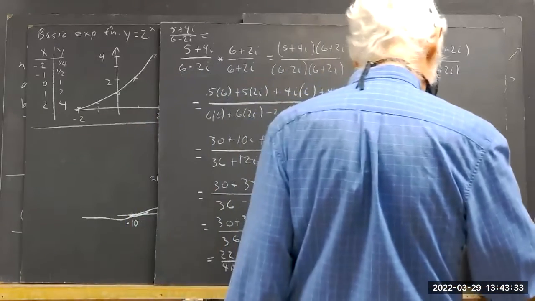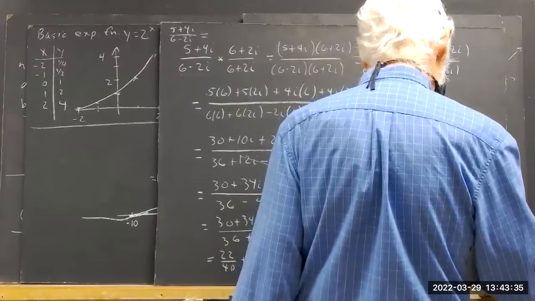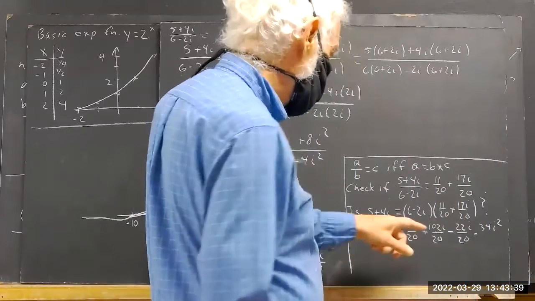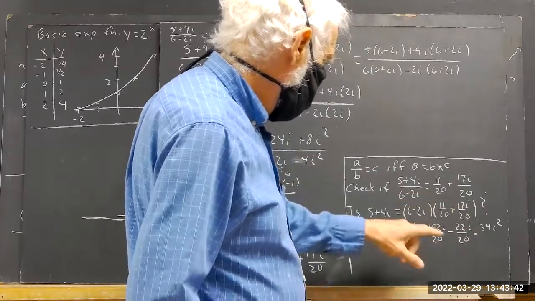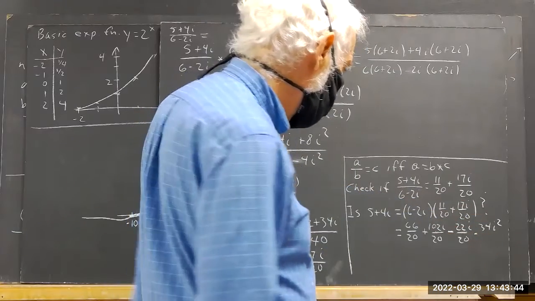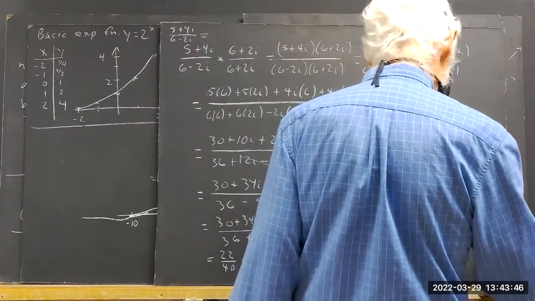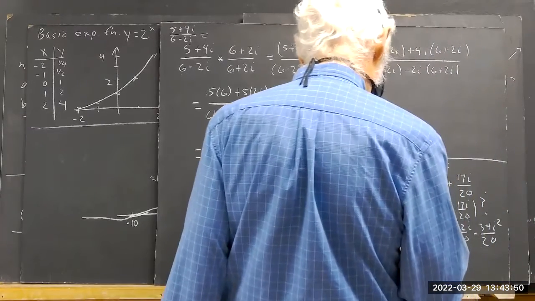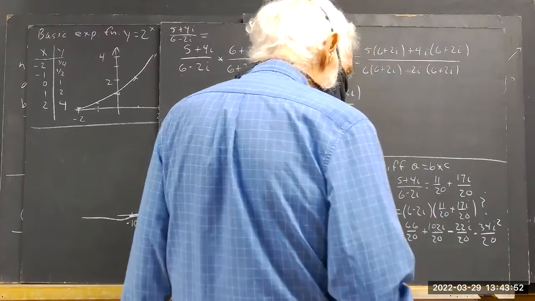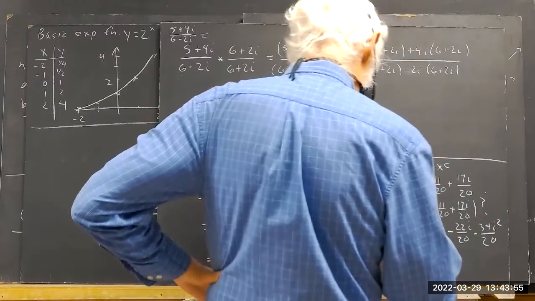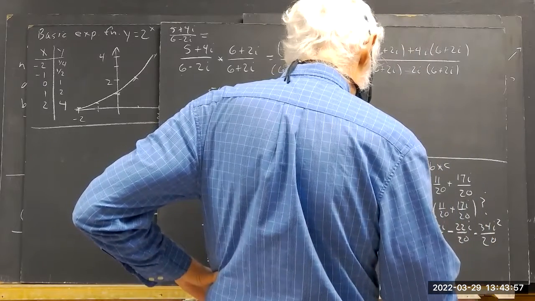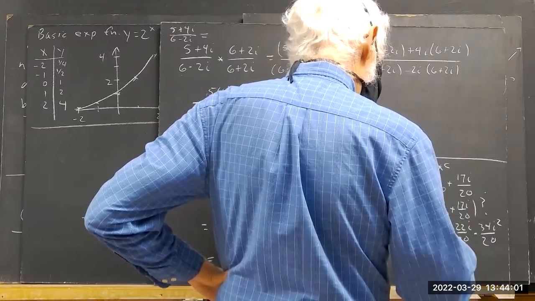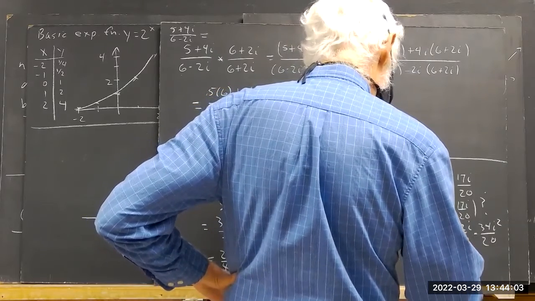So I get negative 34 here, and I get an i times an i, which is an i squared, and that's over 20. Well, this equals 102 minus 22 is 80.